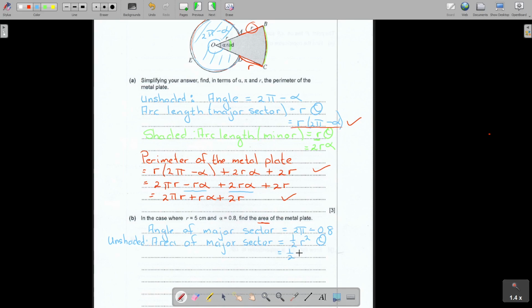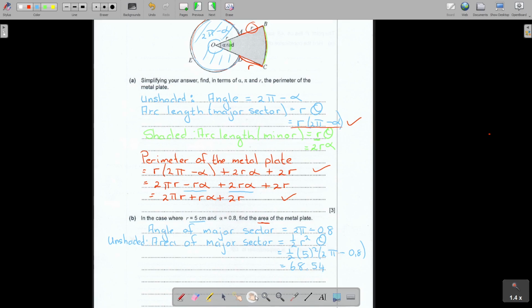So it's half, and it's just r, but I have r, remember, it's 5, and I have theta. So don't forget, it's 2 pi minus 0.8. Sorry, I go in that line, but try not to go into that line. Now, you can calculate it on the calculators, because you have to say 2 multiply pi minus 0.8 multiply 5 multiply 5 multiply. So let's just make it at least to 4 significant figures.